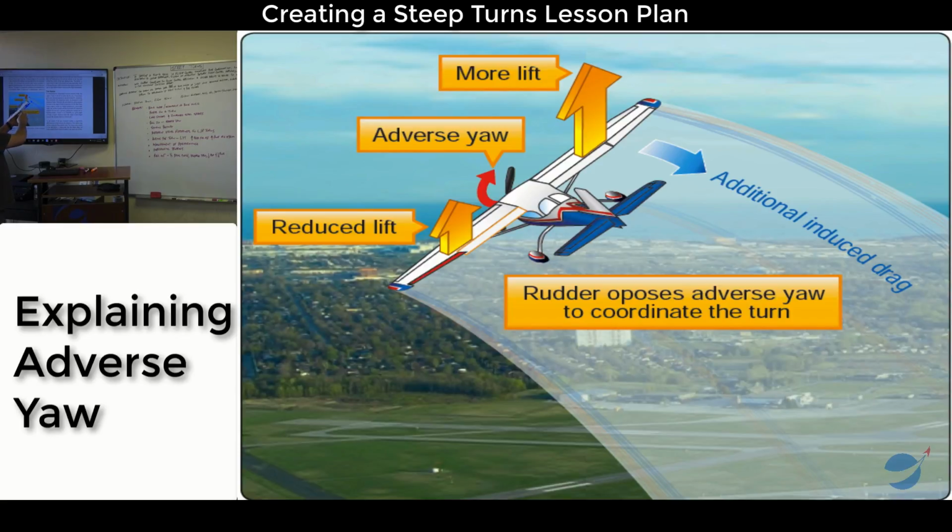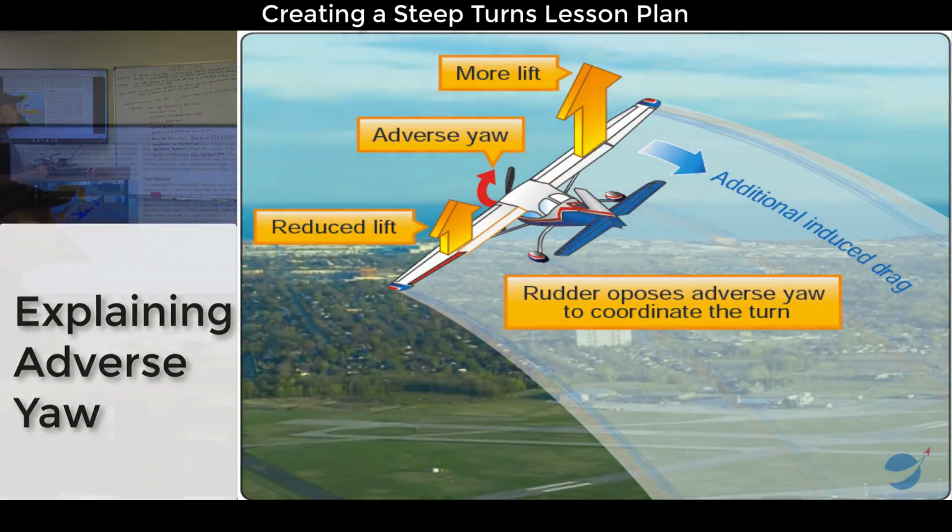And so the nose is going to want to turn away from the direction of the turn as long as the ailerons are deflected. So we need to use enough rudder to cause the nose not to swing off to the right, and not to go too far, so that it's going faster than the rate of the bank that we're trying to get.